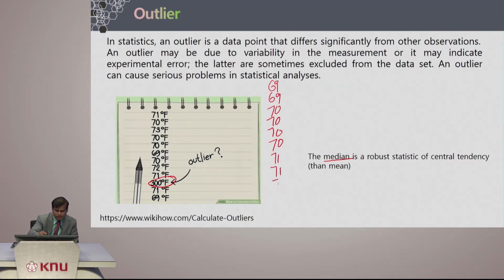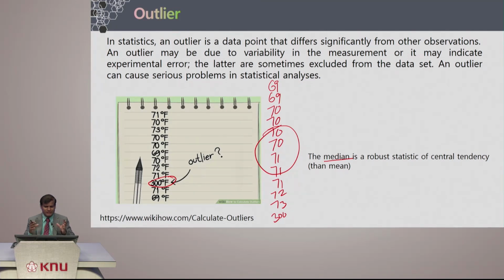71, 71, 71, then you have 72, 73 and 300. So if you try to figure out these values, you will see how you can take the middle value easily, and that really represents the true median value.